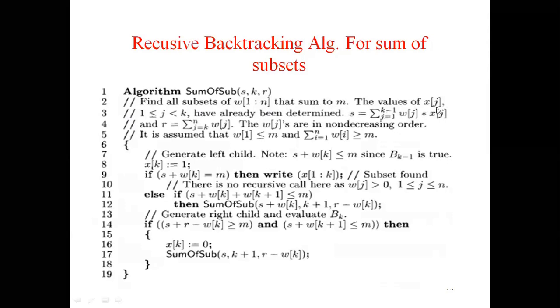The values of x of j, for j from 1 to k, have already been determined. s equals sigma j equal to 1 to k minus 1 of w of j times x of j, and r equals the weight of the remaining elements, that is, the sum for j equal to k to n of w of j.